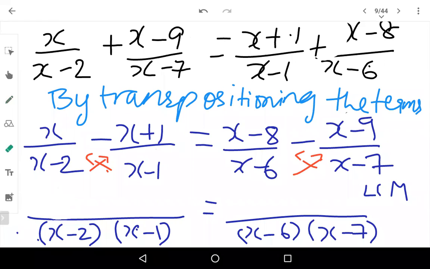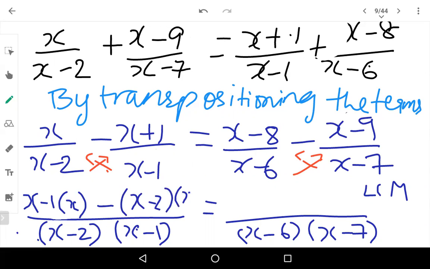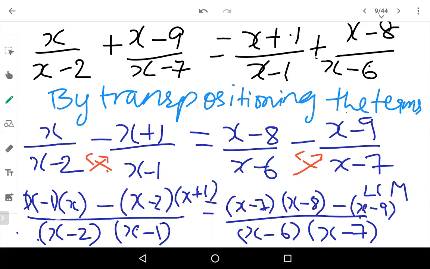You will have x minus 1 into x, minus, this minus should be kept as it is, and then x minus 2 into x plus 1. Let us put brackets everywhere. And then here you will have x minus 7 into x minus 8 minus x minus 9 into x minus 6.